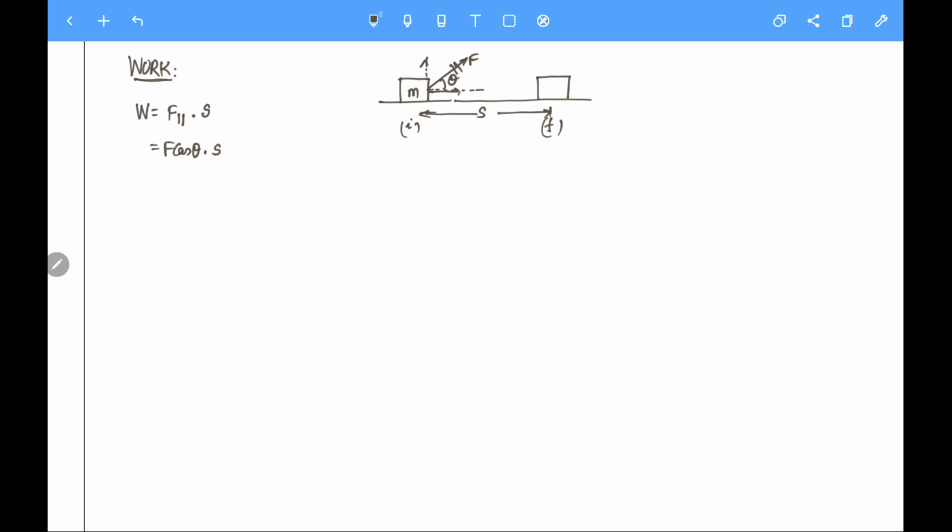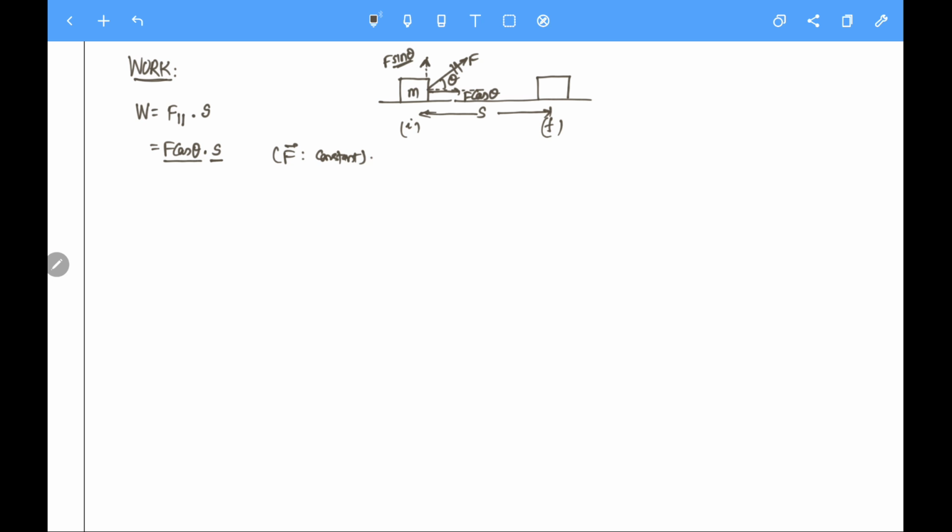The component along the angle is always in terms of cos and the other will be sine. This was already discussed in the chapter of vectors, where we defined the resolution of a vector into perpendicular components. So this F cos theta is parallel to displacement, and the product F cos theta into s gives the work. This formula is applicable when force is constant.